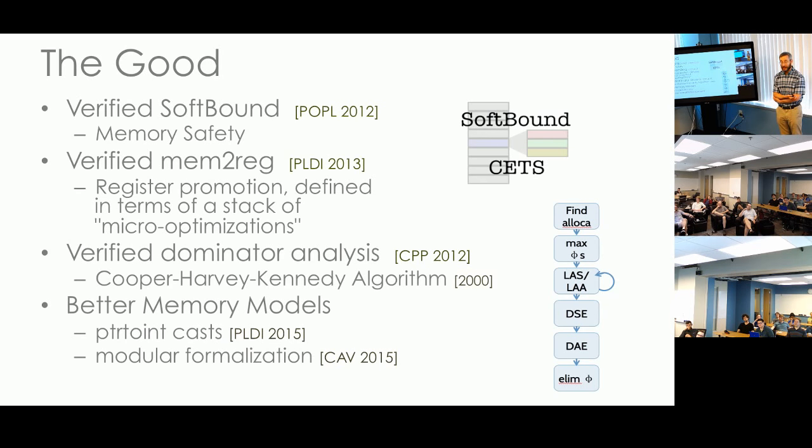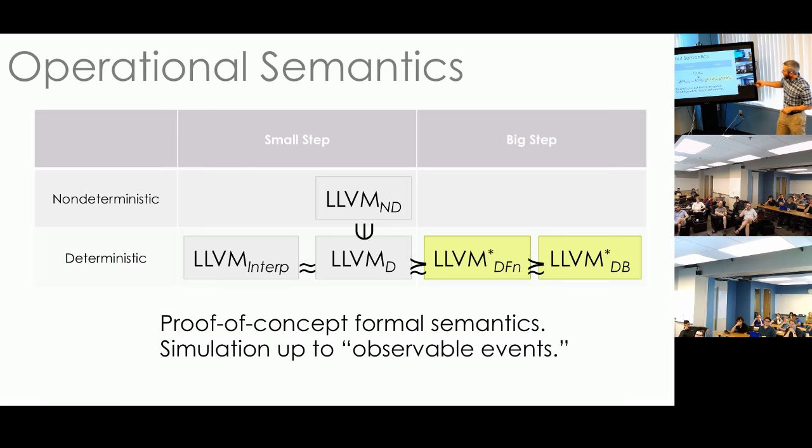Because of things like undefined values and underspecification and undefined behaviors, our original semantics included a kind of non-deterministic model of computation where the program could non-deterministically do many possible things, which is more faithful to the LLVM semantics, but hard to reason about because of the non-determinism. So we also showed a deterministic refinement, and we in fact proved that deterministic refinement was equivalent to a particular interpreter that we could extract and run.